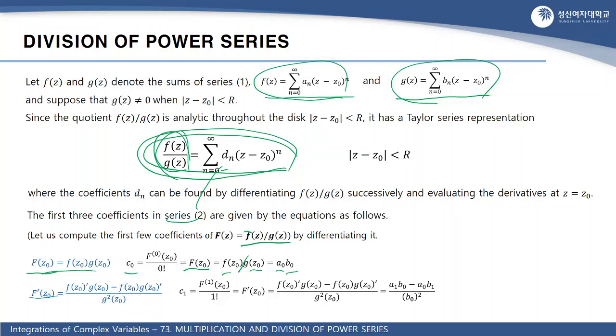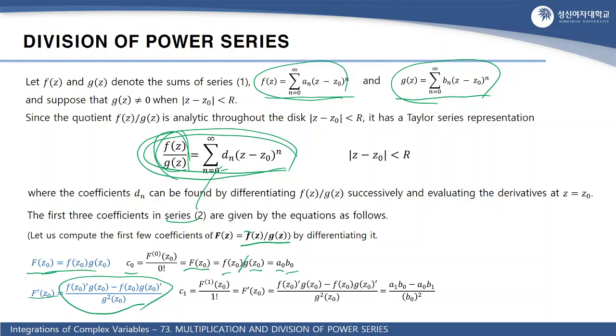And then next we move to the computation of c1. To compute it, we need the first derivative of capital F. The first derivative is computed by using the differentiation rule for the quotient function, and we get f prime(z) times g(z) minus f(z) times g prime(z), divided by g squared, when z is z0.